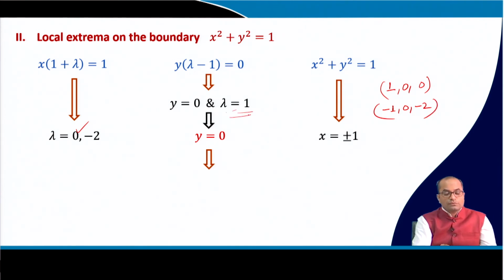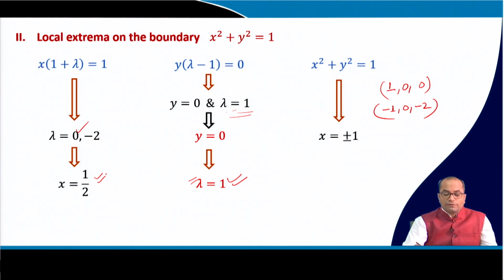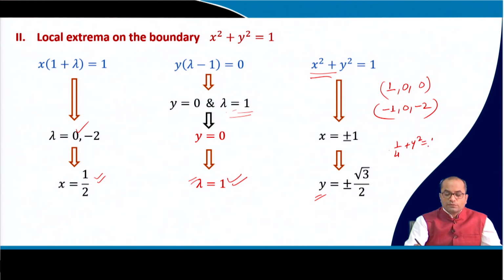Now, this lambda is equal to 1 we will fix for the second equation, and with lambda fixed in the first equation, we can now get x is half. When we fix x is equal to half in the third equation, we get 1 by 4 plus y square is equal to 1. So, y square is 3 by 4, and then y will be plus minus square root 3 by 2.